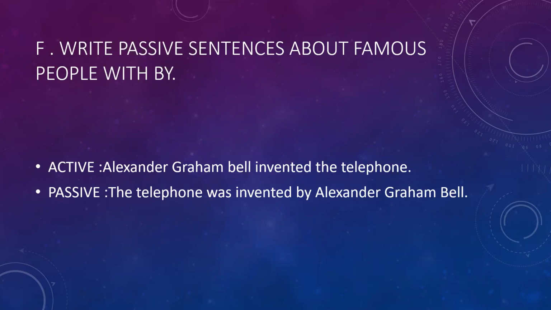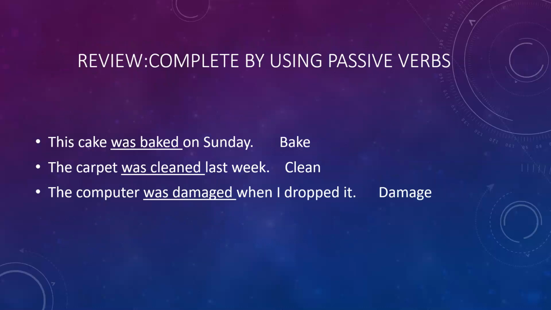America was discovered by Christopher Columbus. Alexander Graham Bell invented the telephone. The telephone was invented by Graham Bell. Leonardo da Vinci painted the Mona Lisa. Mona Lisa was painted by Leonardo da Vinci.